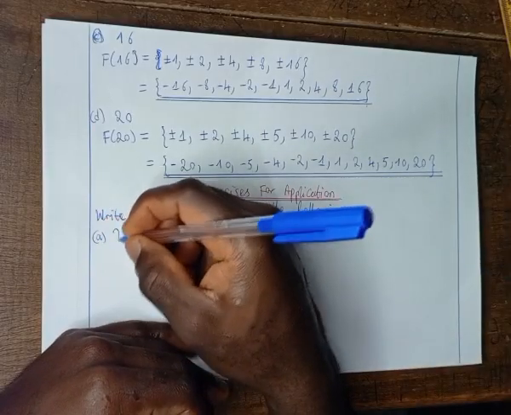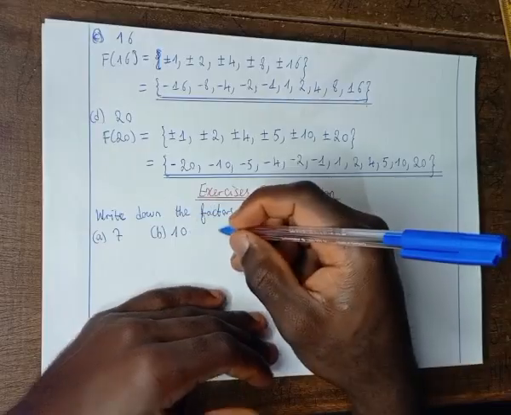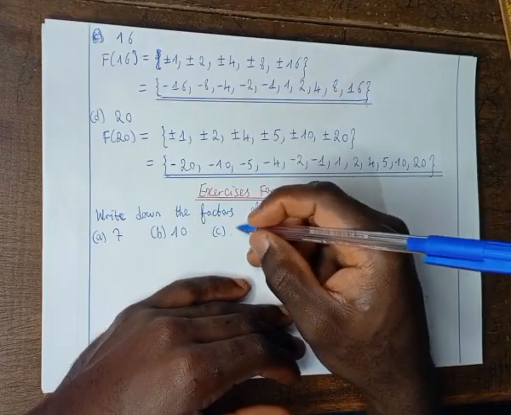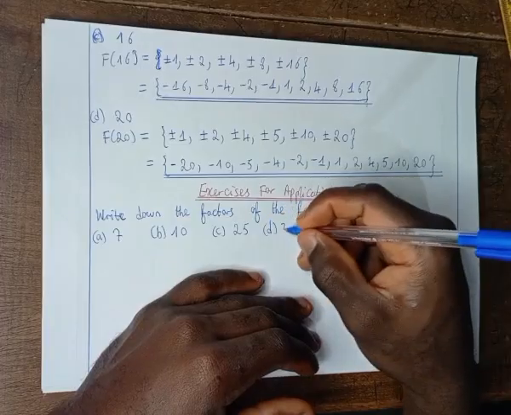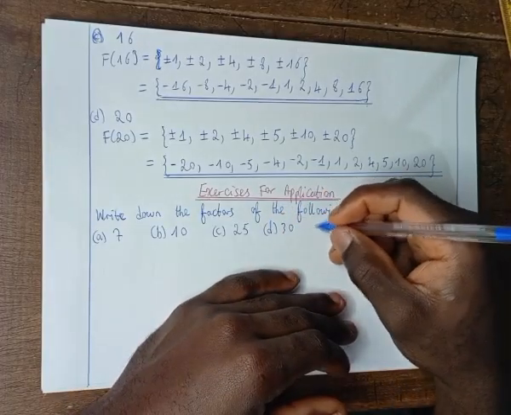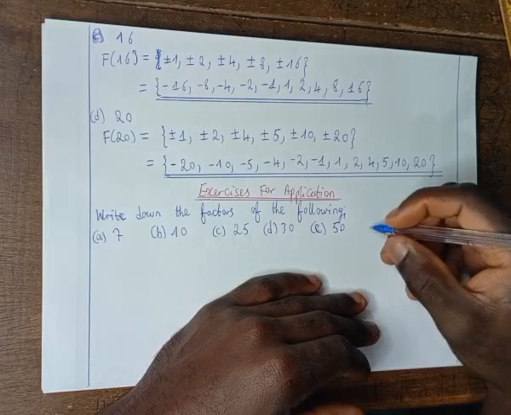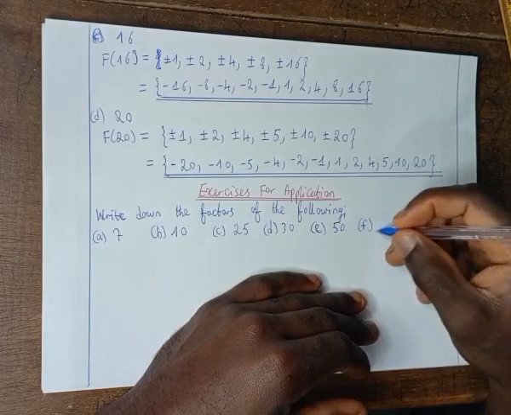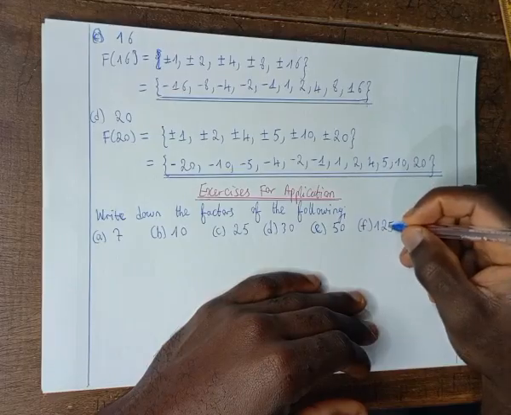A, we have 7. For B, we have 10. For C, we have 25. For D, we have 30. For E, we have 50. And lastly for F, we have 125.